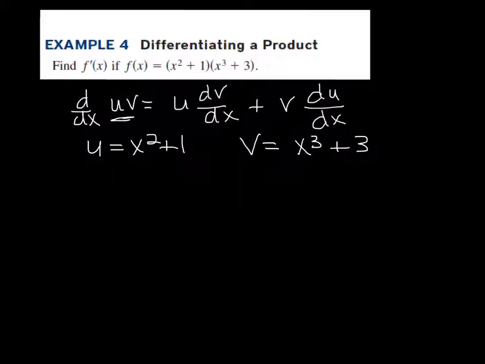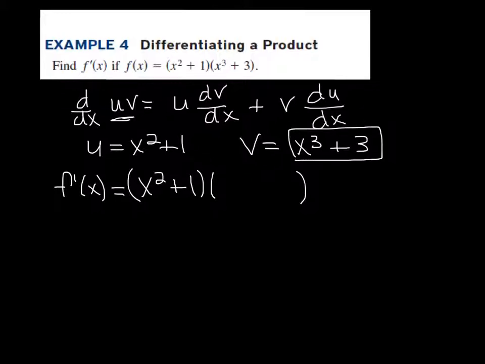Now I can go ahead and find the derivative of each of these, or we can just go ahead and follow along. So f prime of x, the derivative of this thing, is going to be the first u, x squared plus 1, times the derivative of v. This is v, and the derivative of v is going to be 3 times x to the 3 minus 1, which is 2, plus the constant 3, and the derivative of that is just 0, so we don't need to add it on there.